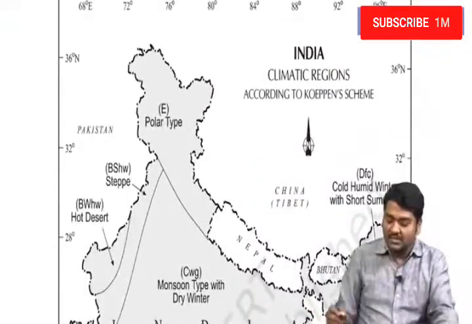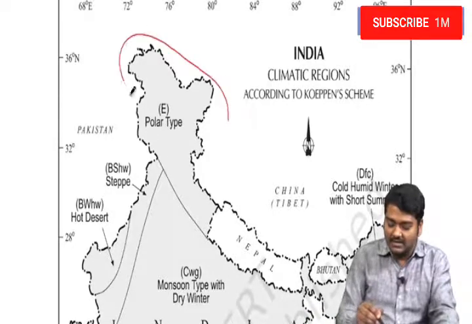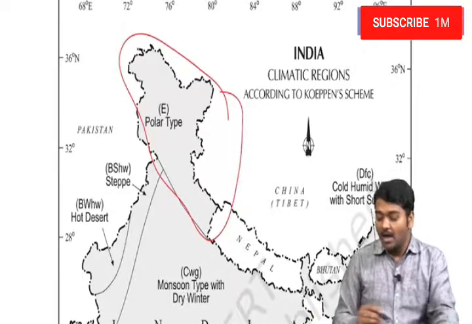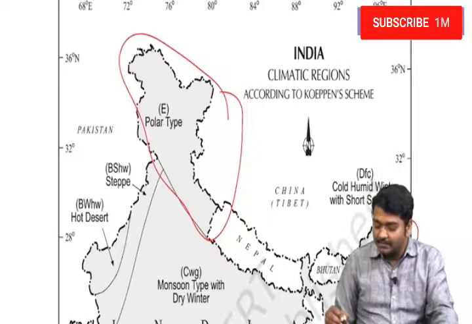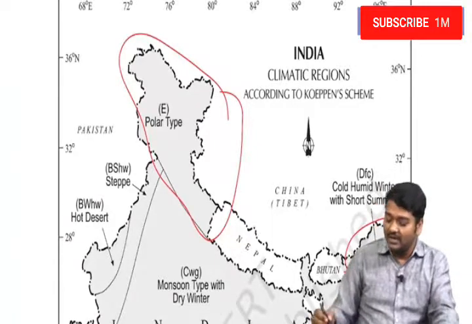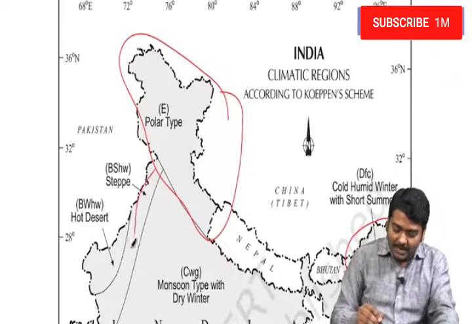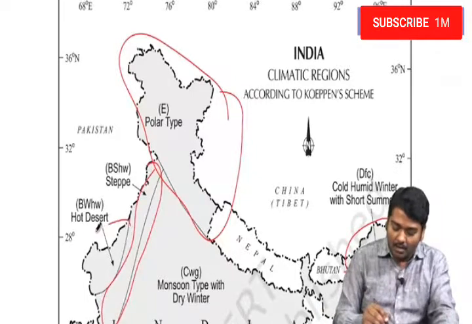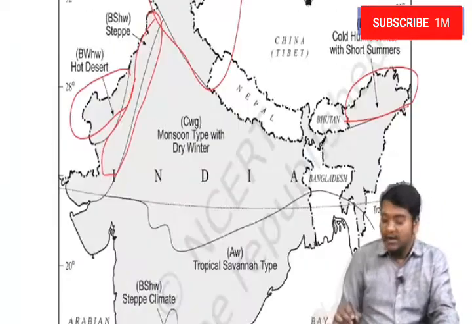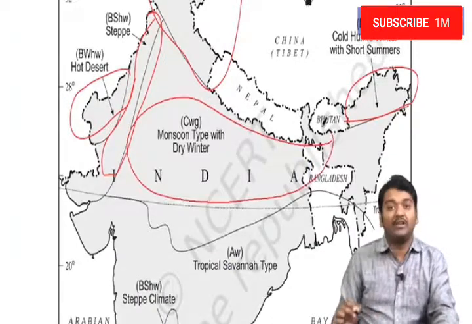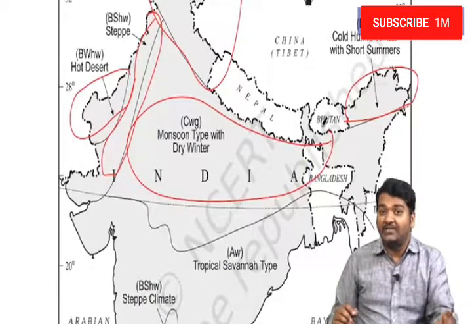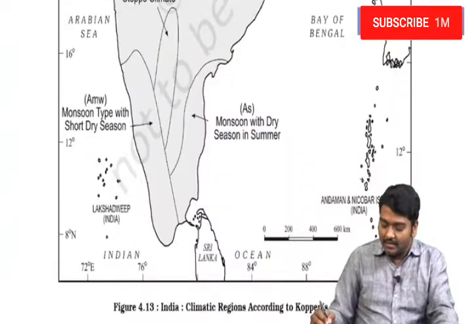Can you just observe this? Polar is present in this region, correct? Mountainous region with sometimes where sunshine is available is Arunachal Pradesh. And then can you see here, steppe type of climate, hot deserts are present. Central India, monsoon will give rainfall, but winter will be usually dry.